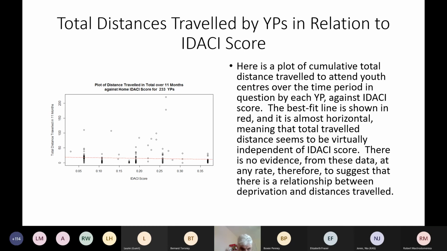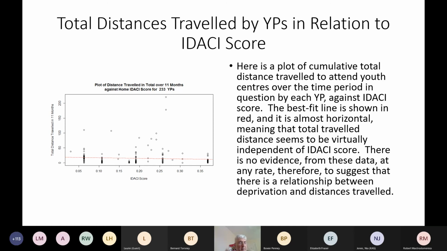Going across, then, the last relationship that I did here, although as I say, I did plenty of other relationships, but they didn't involve Idarki data at the time, was that each young person during the course of the year where the data was collected will have travelled to at least one youth centre. A few people went to at least 2. No, in fact, there weren't any more than 2.